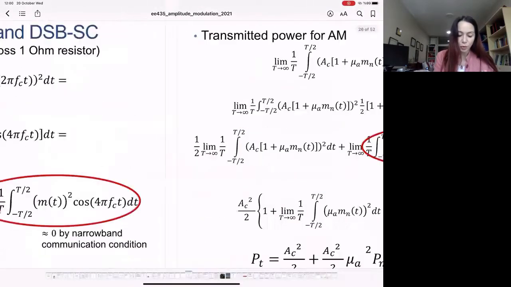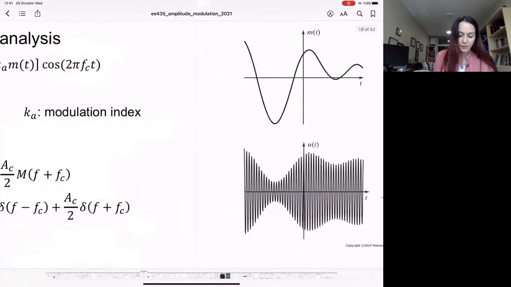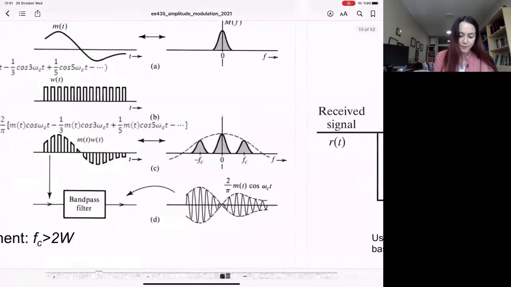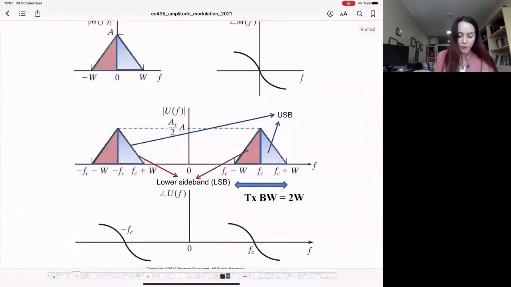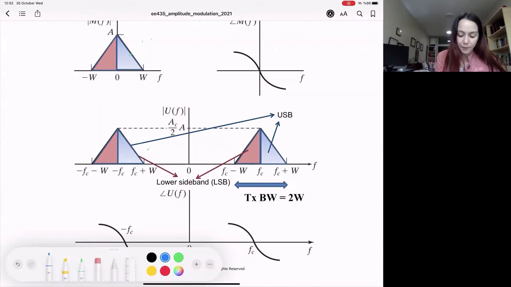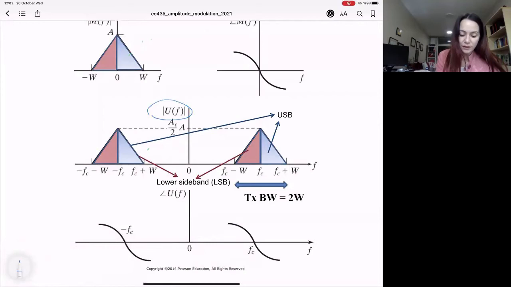Sorry, I skipped all the way to the end. When you look at the modulated waveform in the spectral domain, you see the triangle which represents the message amplitude spectrum shifted to the right and to the left. It's centered here around fc and centered here around negative fc.